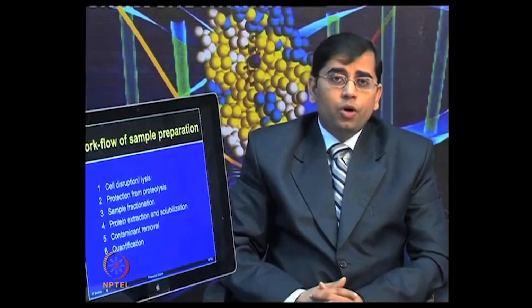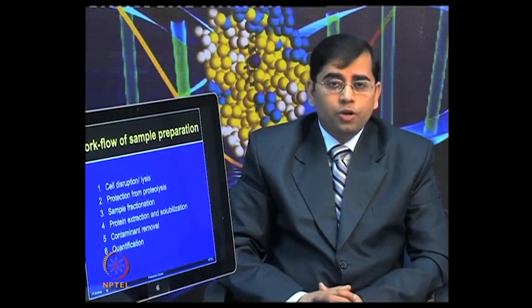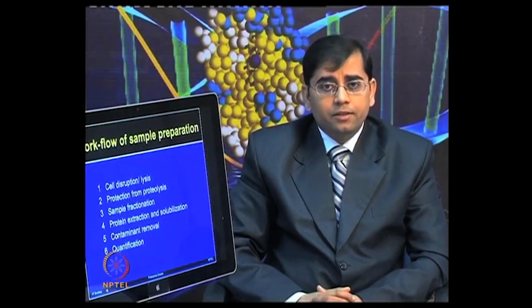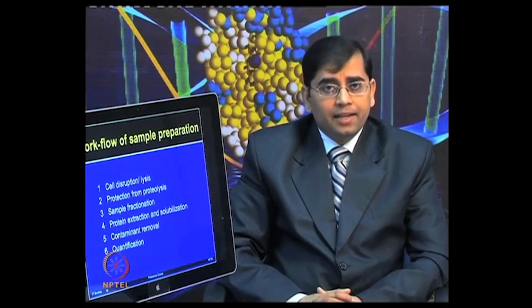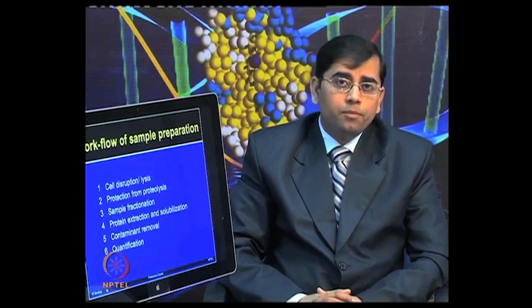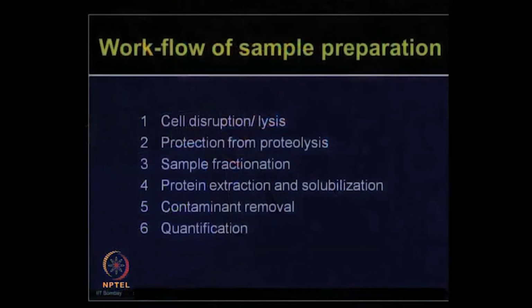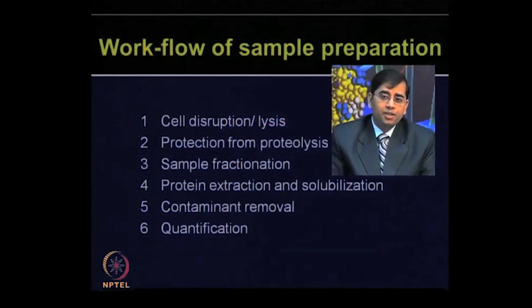So, the workflow of sample preparation would involve first cell disruption or lysis, second protection from proteolysis, third sample fractionation, fourth protein extraction and solubilization, fifth removal of contaminants, and sixth quantification.